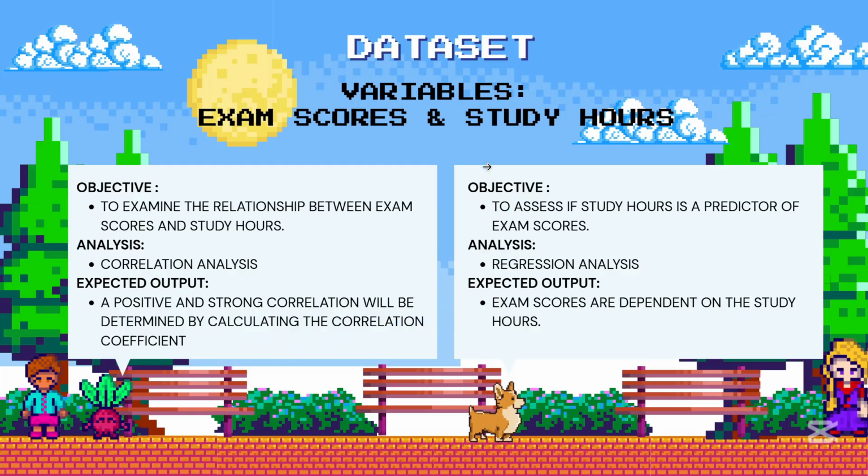The second objective is to assess if study hours is a predictor of exam scores by using regression analysis. We expect that exam scores are dependent on the study hours. So that's all for the dataset part. Now let us move to data analysis.